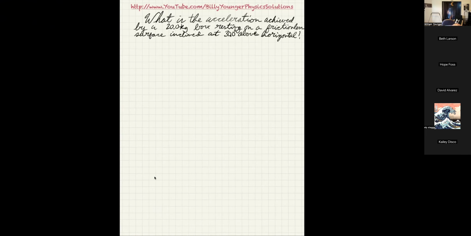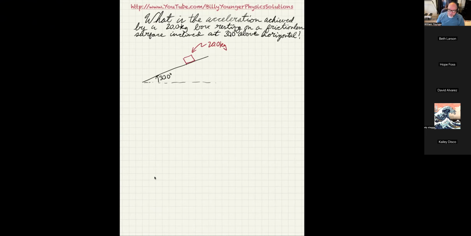Okay, so what we're going to do here is imagine this is our incline. This is 30.0 degrees. This is our box, and its mass is 20 kilograms. Now, I've got to draw a free body diagram to figure this out.